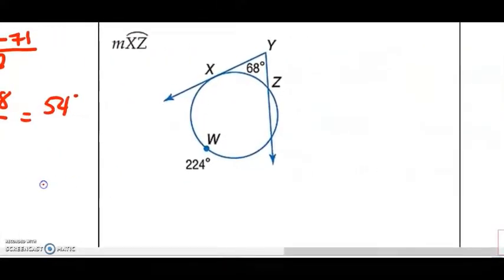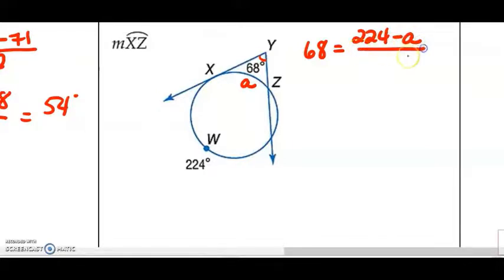Looking at another example, here we're given the angle measure is 68. And we have to find the measure of arc XZ. That's the minor arc. So I'm going to take 224 minus the minor arc divided by 2 equals 68.